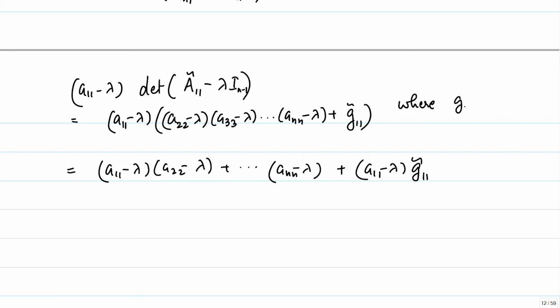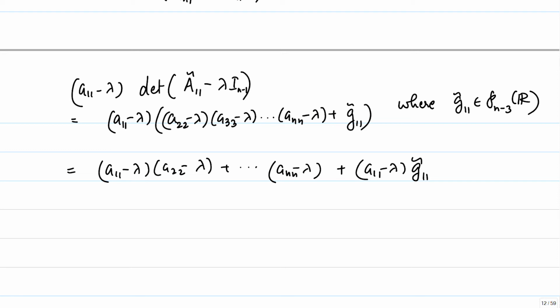Okay, what was G11 tilde? G11 tilde was some polynomial in Pn minus 1 minus 2, which is Pn minus 3 of R. So it's a polynomial in lambda of degree less than or equal to n minus 3.